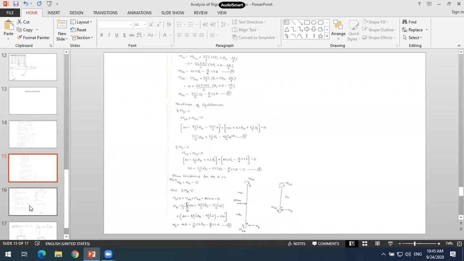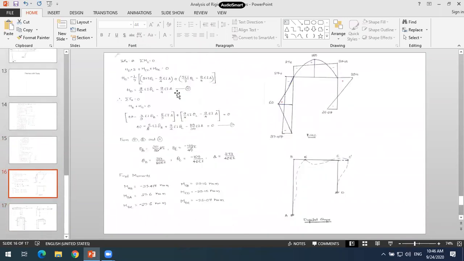What we have come across till now, if you have any doubt, you can clear those doubts. Don't worry about the values; values can be corrected, I'll check it. One is the fixed end moment MFAB and the other is HA plus HD, which should be 80. Only thing is at the end we'll find the moment values changed.